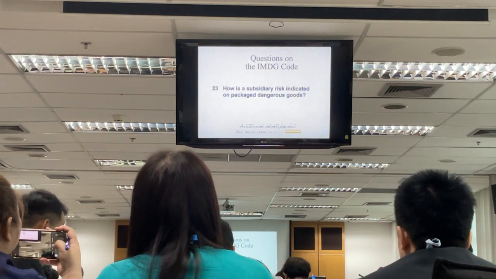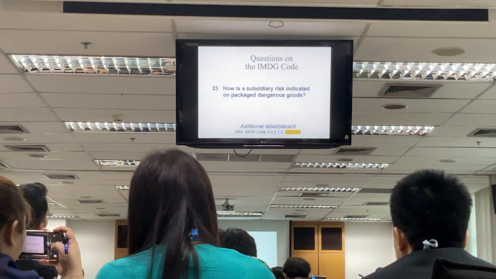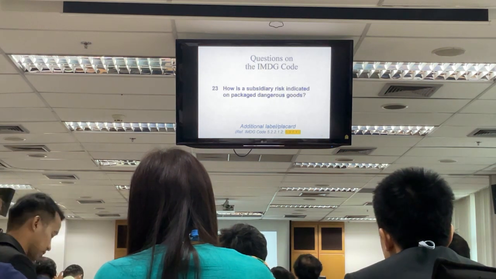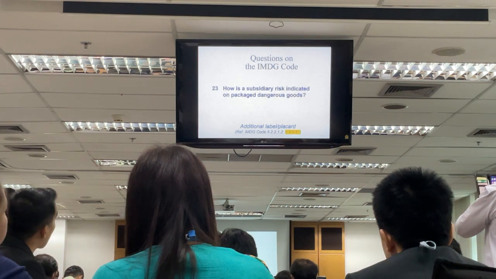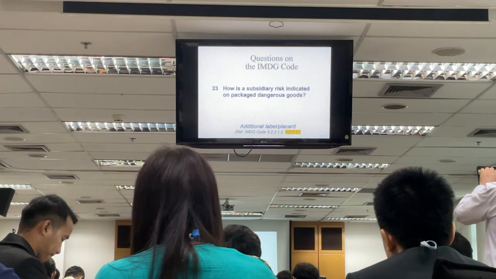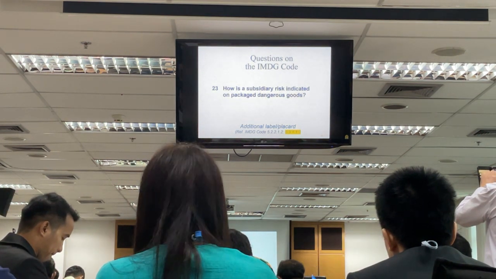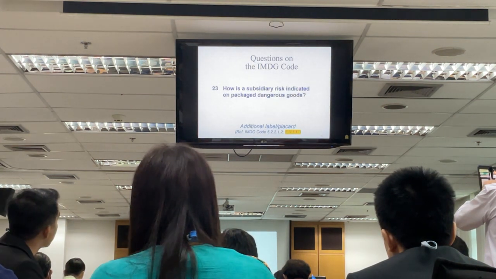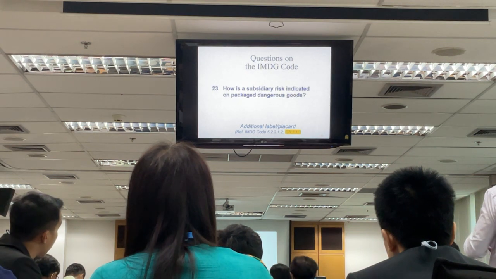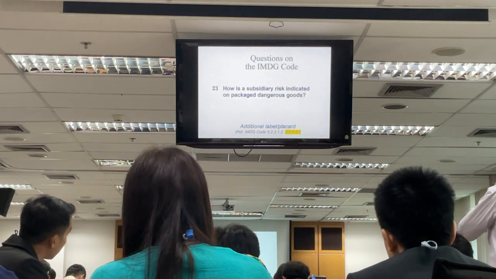Okay, near the first additional label or placard. The reference is the IMDG code. For the labels, the reference is 5.2.2.1.2. For the cargo transport units, the reference is 5.3.1.1.3. Okay?